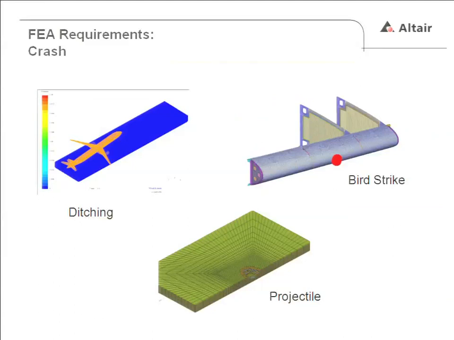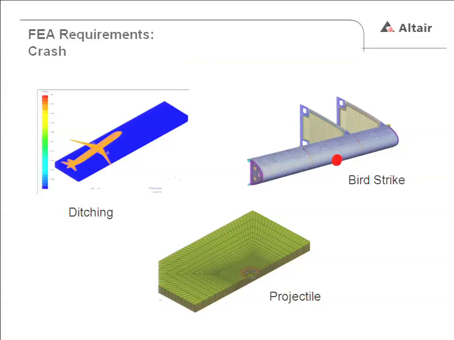Crash, I've organized this a little bit differently, just 3 pictures. So 3 of the main arenas that we use FEA for crash, one of them is ditching, again, it's usually full aircraft ditching. It's either aircraft, rotorcraft, also spacecraft.